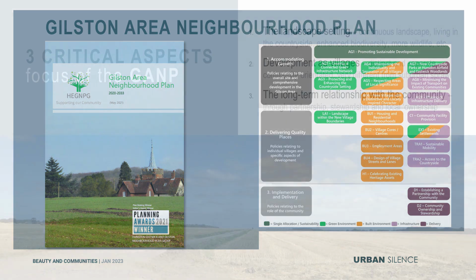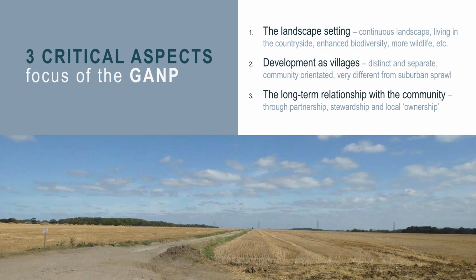So the 3 critical aspects, the focus of the neighborhood plan, were landscape setting, so the relationship between the built form and the landscape. Nobody locally was concerned about the materials or the fenestration, the shape of the windows or things like that.